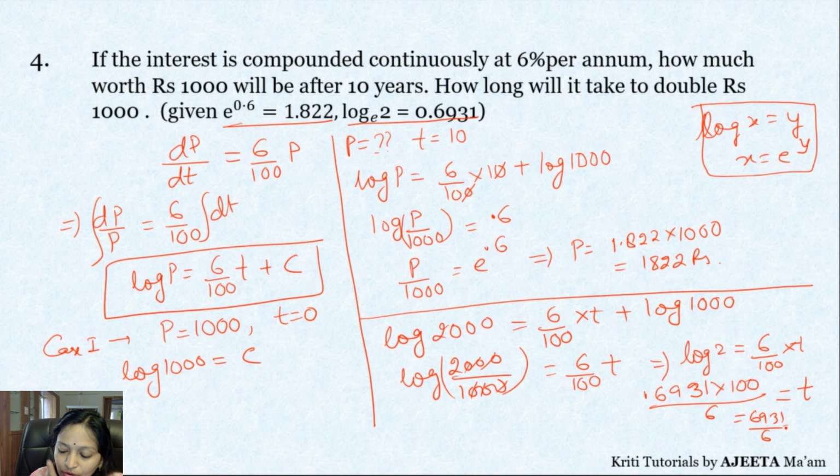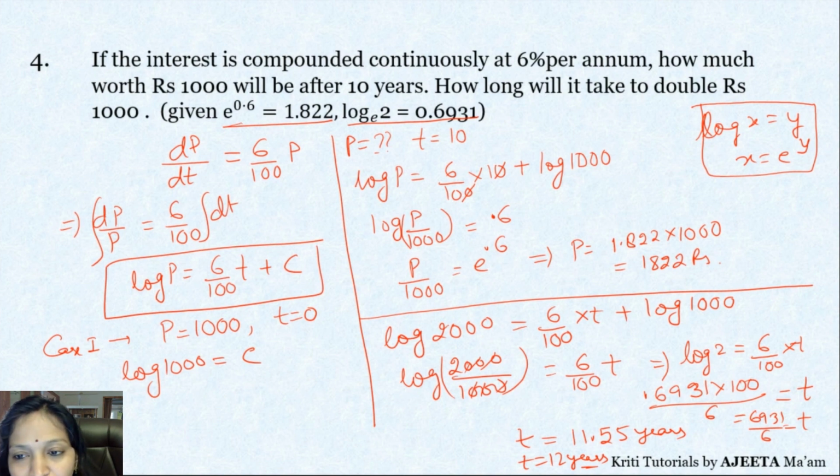So what will you get? You will get something in 11.55, correct? Years. Or you can say in 12 years approximately we will double the value. So this is the use of the given values and how do we use it. That's the main part.